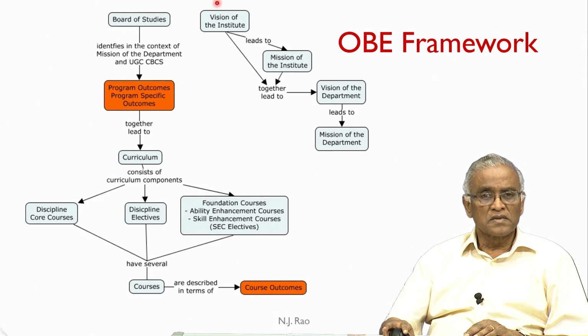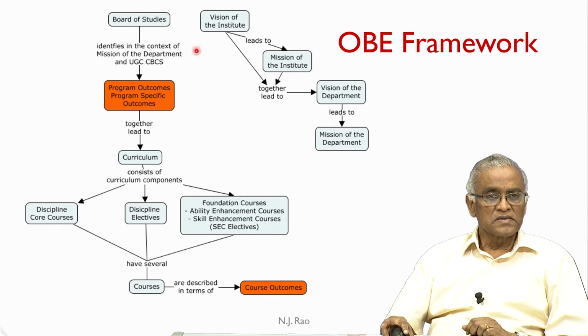This is the relationship of these outcomes in the present context. If you look at this, the NAAC framework requires there has to be a vision of the institute, which leads to the mission of the institute, and these two together should also lead to the vision of the department in which the program is given, and the vision of the department should lead to the mission of the department.